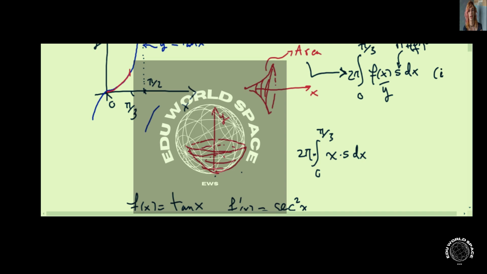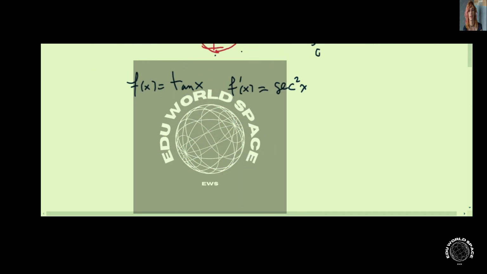let's call this one I, so that I is gonna be equal to 2 pi times the integral from 0 up to pi thirds of our function tangent of x times square root of 1 plus this square, so secant squared squared would give us secant to the fourth.